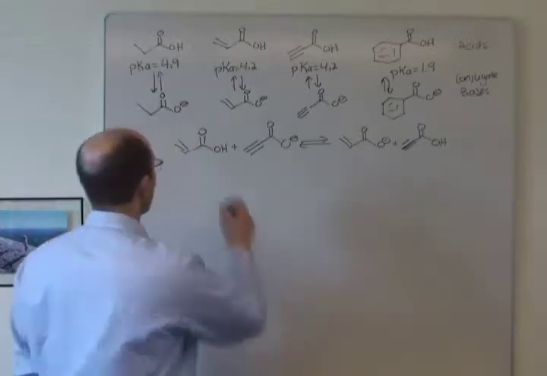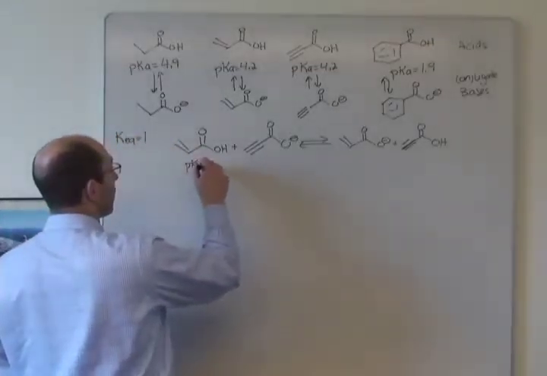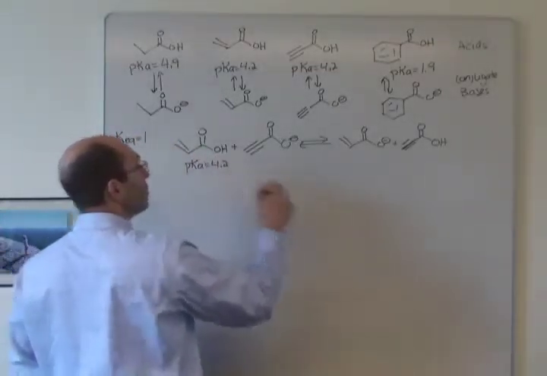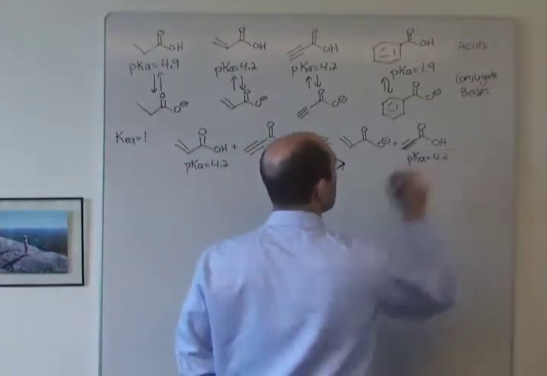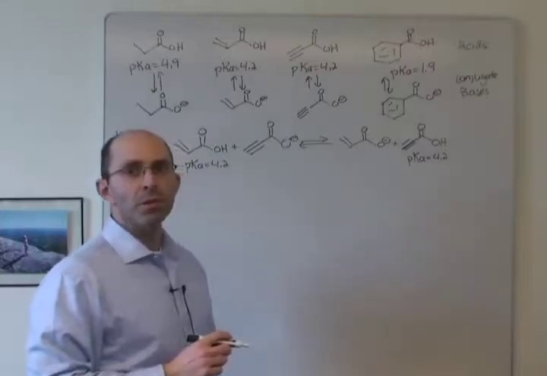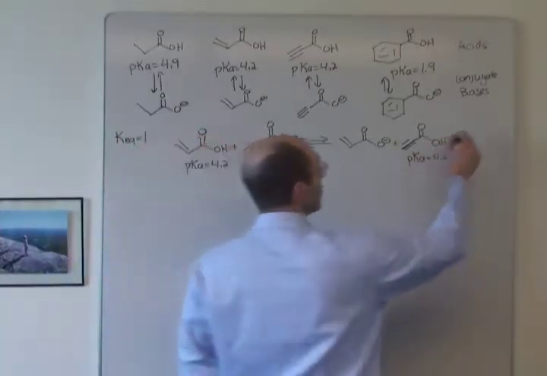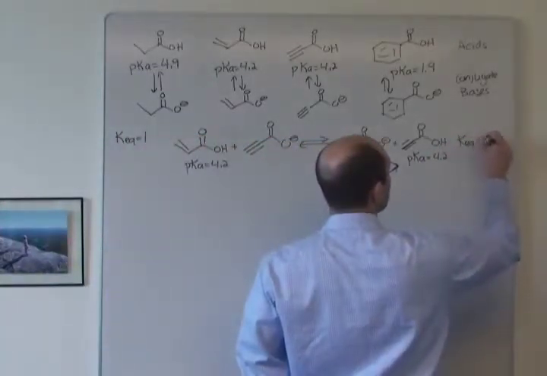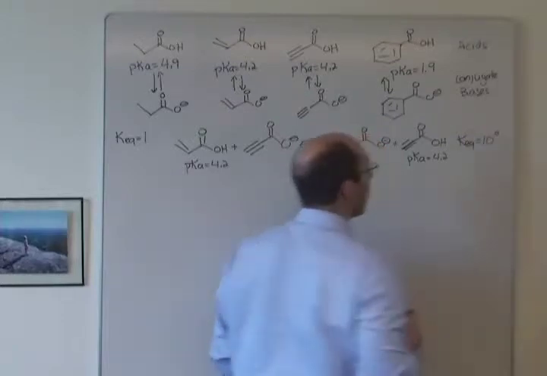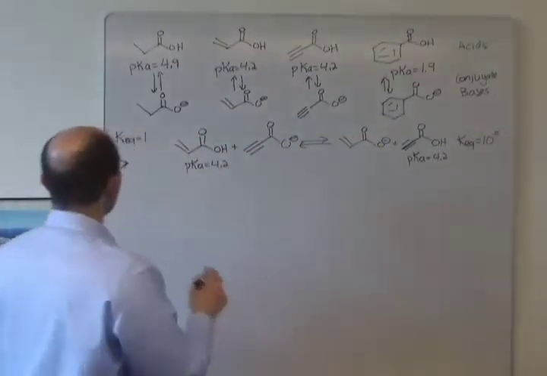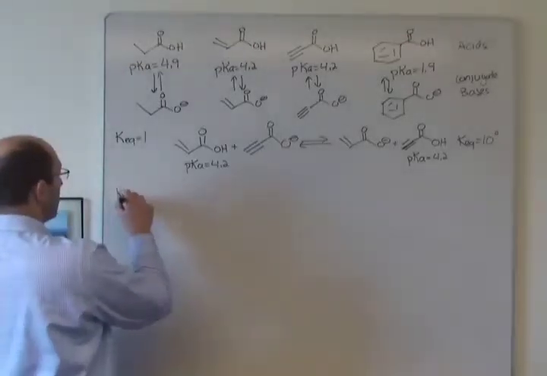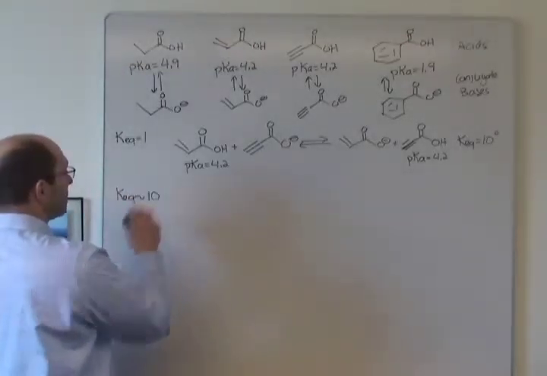And so again, we have pKa here equal to 4.2, pKa here equal to 4.2. The pKa difference is 0, so KEQ equals 10 raised to the 0 power, which is 1. Okay? Perfect.